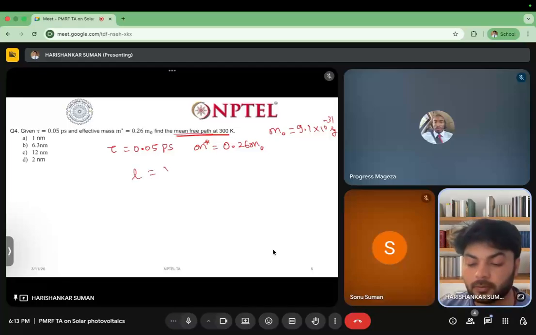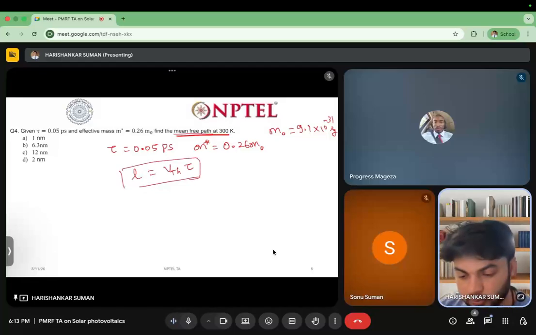L equals VTH into tau. This is the formula you have to apply.